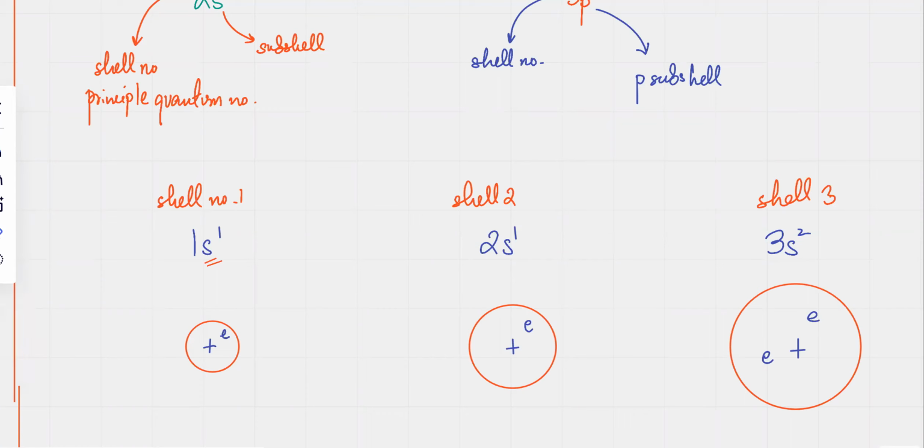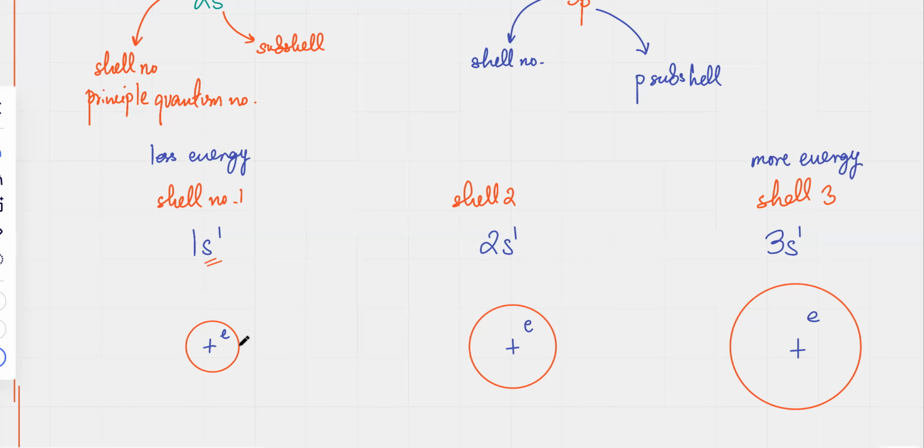So let's assume we just have one electron. I'm just stating what happens when you have a higher shell number. A higher shell number means the electron is going to have more energy. Remember, the shell indicates energy levels. A shell is not a physical thing. It just represents whether the electron has less energy or more energy.